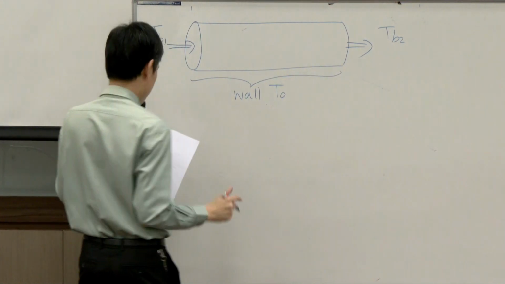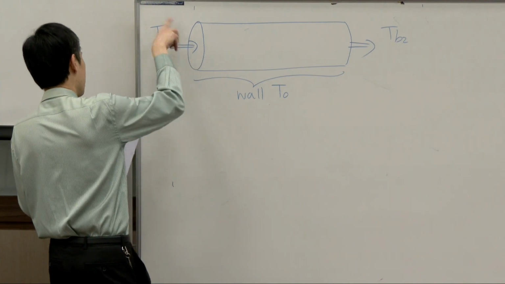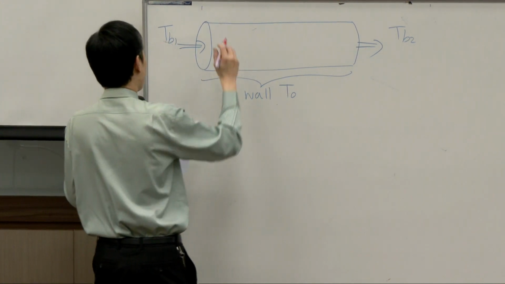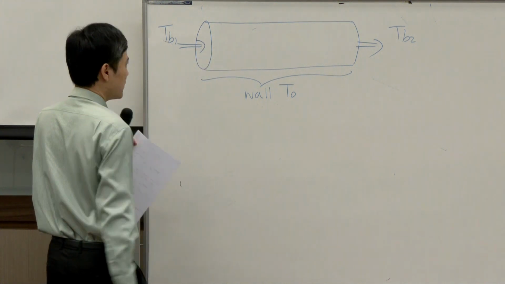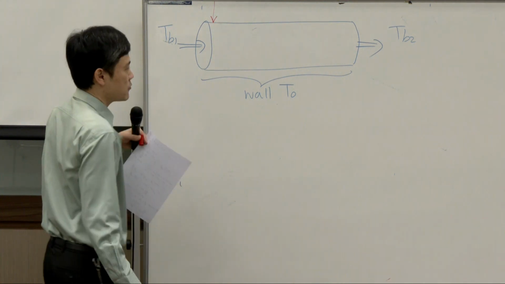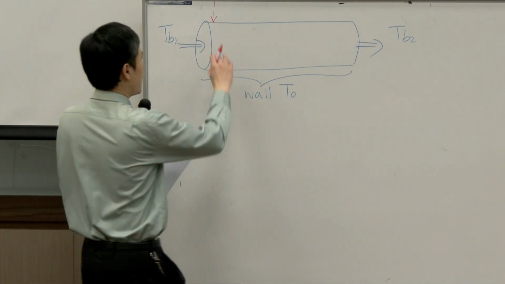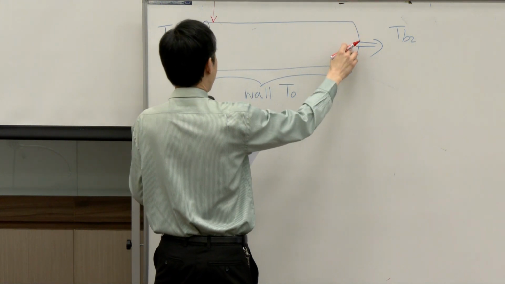throughout the pipe. And you have to realize that at the inlet, this water is cold. So therefore, the difference between the temperature inside and the temperature of the wall would be large. So heat transfer at this location is supposed to be large. Further along, the water is already heated up. The temperature is higher than that.